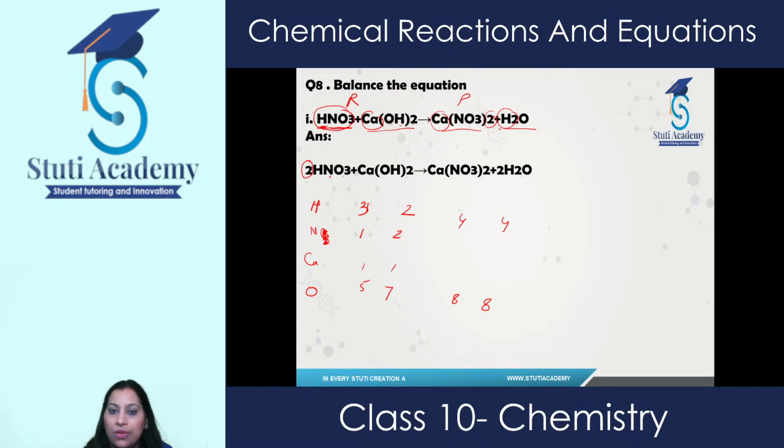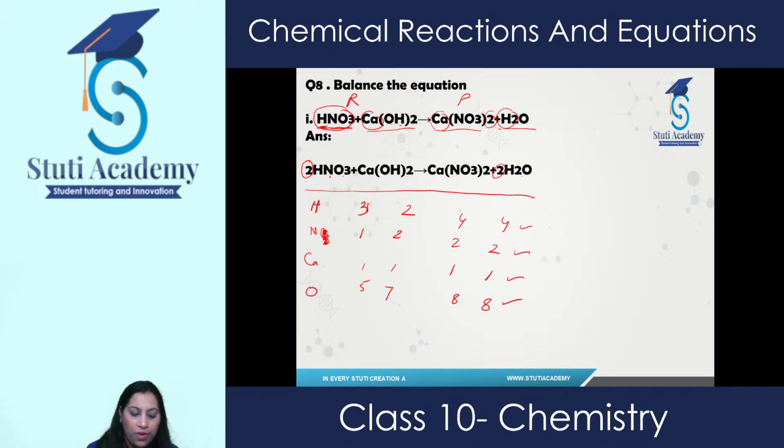It's 2, and here is also 2. Now what's left? Calcium is left. Here is 1, here is 1. Now you can see all elements are completely balanced. Just adding 2 here and 2 here, it becomes a balanced chemical equation.